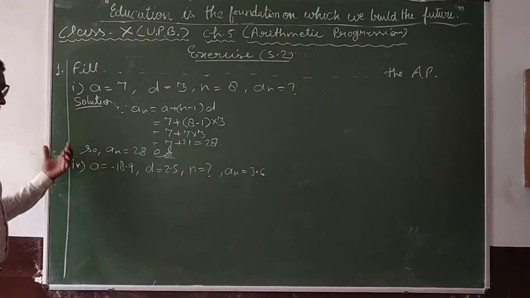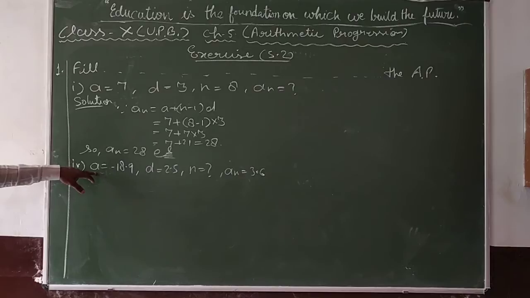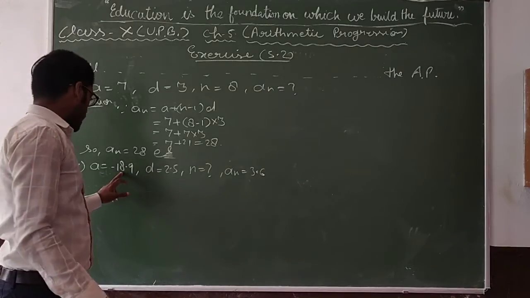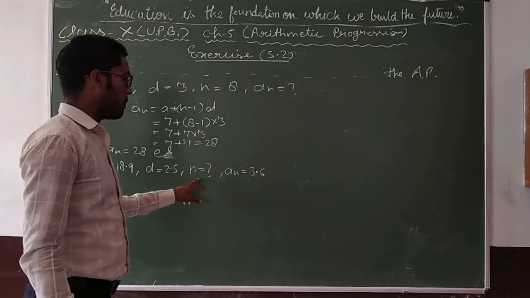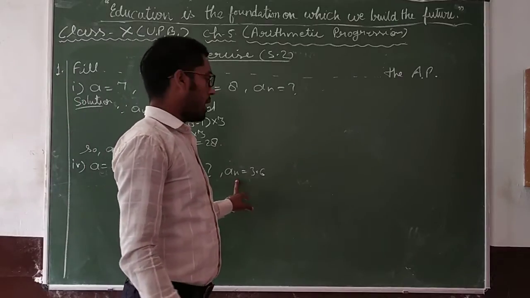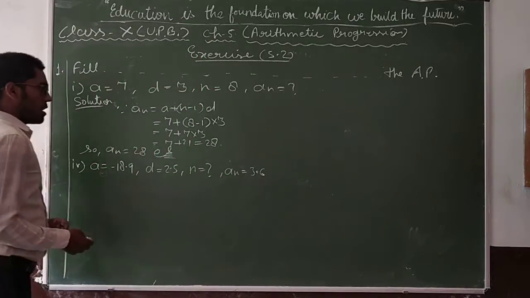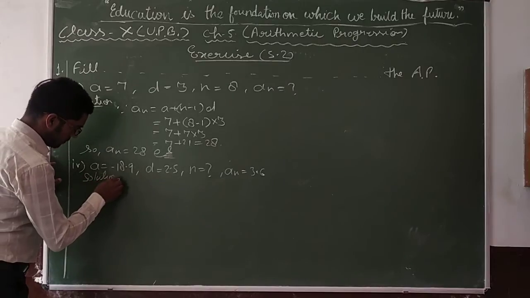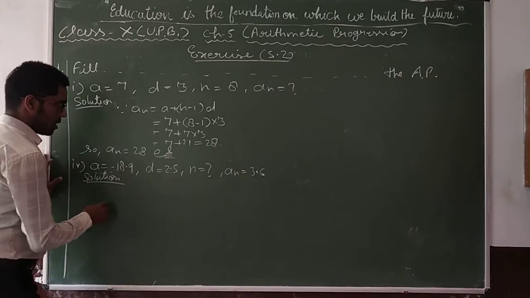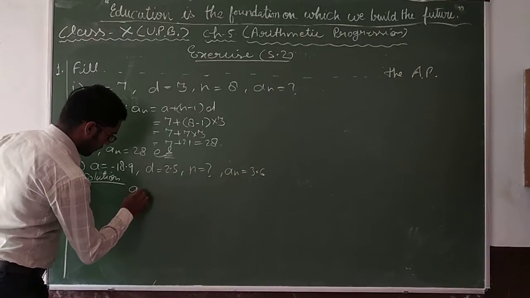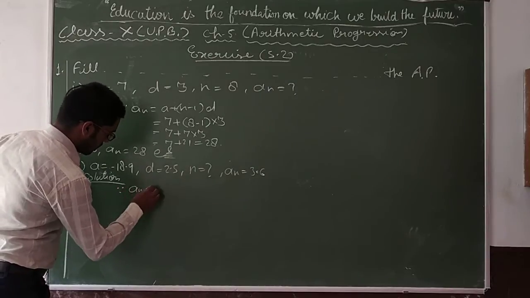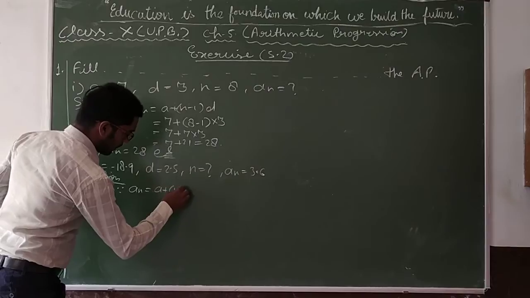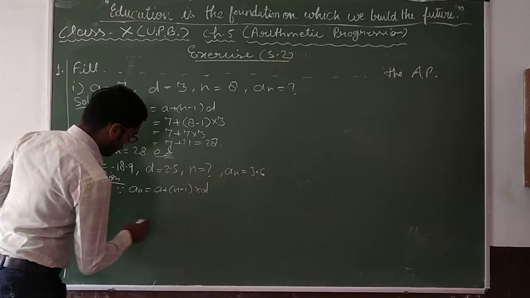In the second part of the same question, the first term is minus 18.9, common difference is 2.5, number of terms is missing, and the nth term is 3.6. Here, first write the solution. Write the formula: an is equal to a plus (n minus 1) into d.